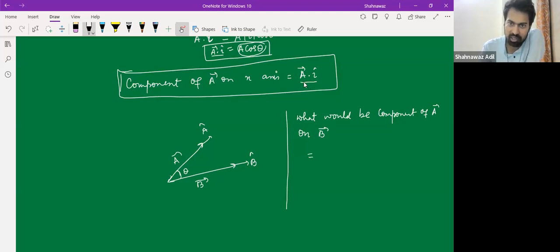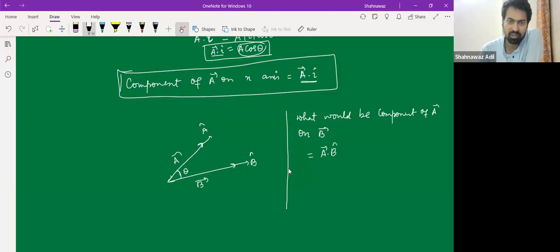Just take the analogy from here. The component of A on the x-axis was A dot whatever the direction of the x-axis was. So if I want to calculate the component of A on vector B, that would be A dot whatever is the direction of this B vector. So how much would that be? B cap.